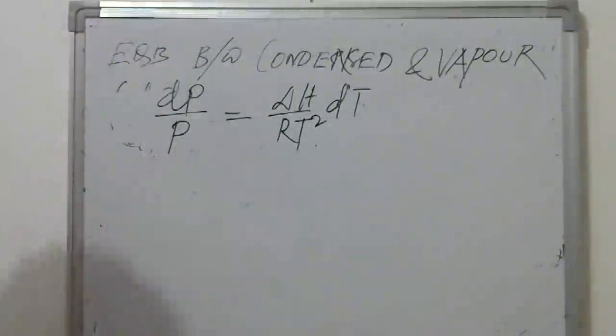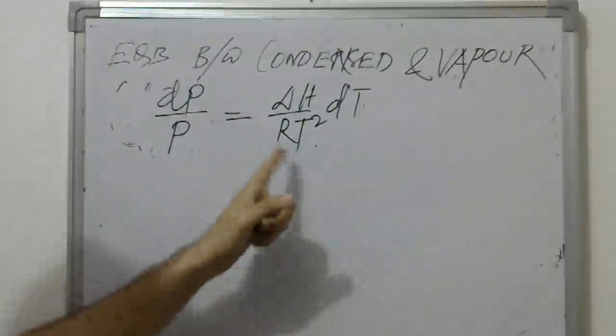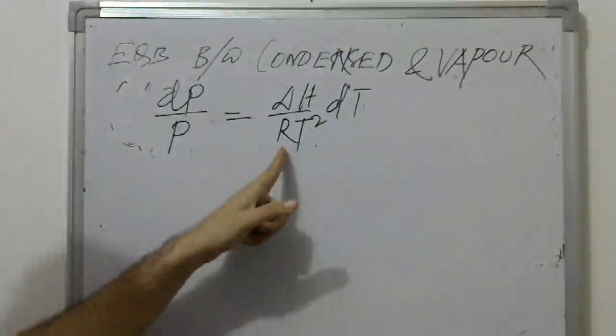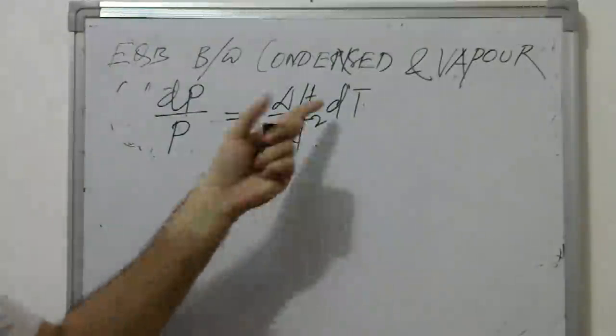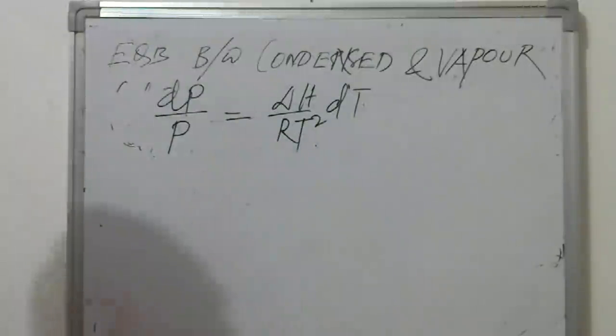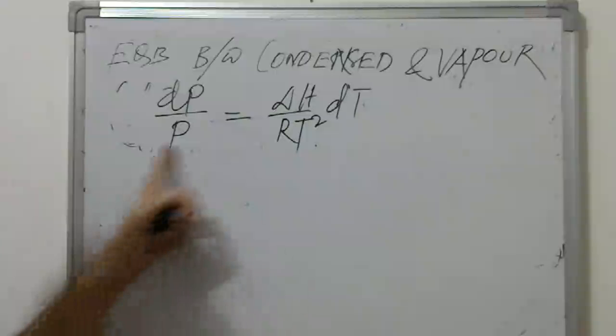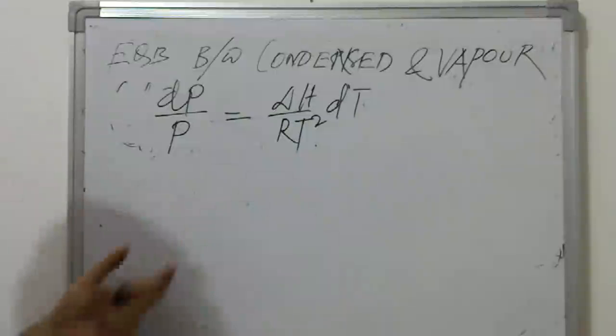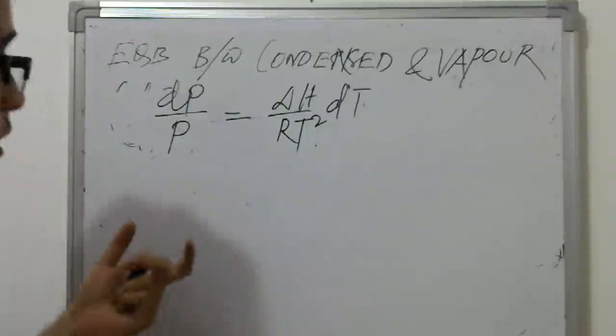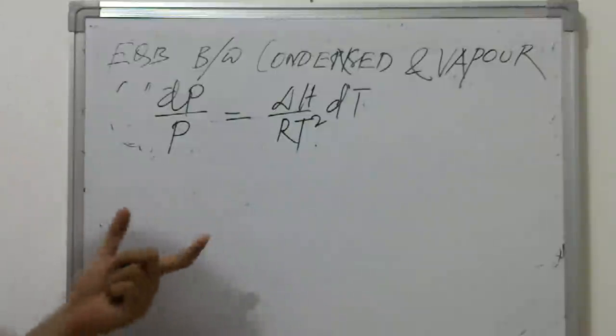See, here everything is known. The enthalpy of the system you know, and this is the universal gas constant. So just knowing the enthalpy of the system for a particular set of conditions, you can determine any pressure and temperature combination to establish the equilibrium.